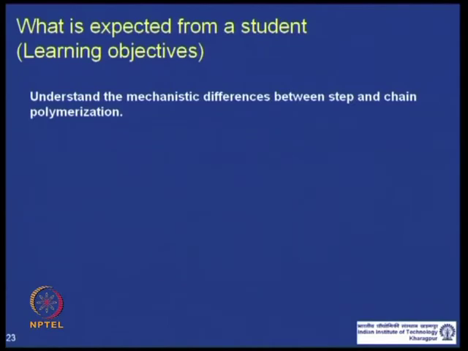If I stop a reaction after some conversion, what do you expect in the polymerization medium, how would the molecules build up with time, and so on. What are the functional groups you require for step polymers or chain polymers, and so on.